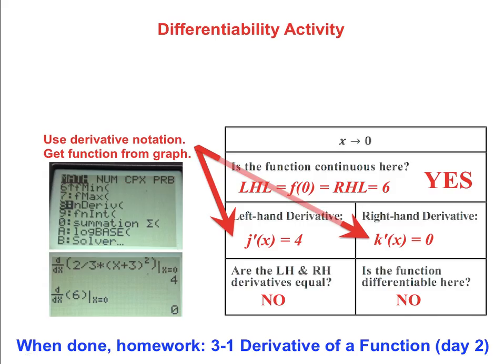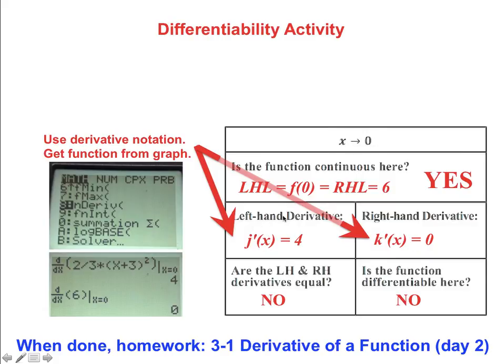So we're going to do our second card for this piecewise function. We already have a card that talks about the limits and continuity. Now we're going to have a card that talks about derivatives. It has a location on the function, and you're going to have to compare the left-hand derivative and the right-hand derivative when x is equal to 0.